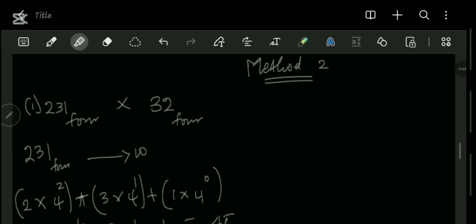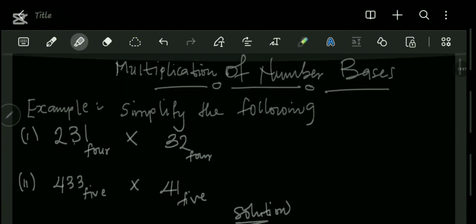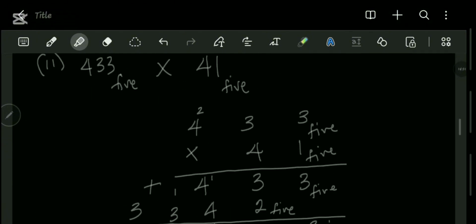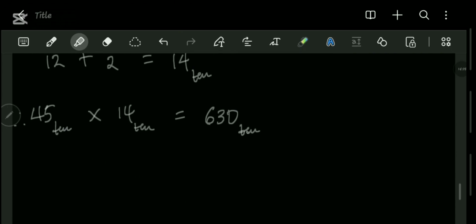But since we were given the question in base 4, you know the question is in base 4, right? So we are going to change our answer back to base 4. We converted to base 10 already, so we have to just divide it by 4, and of course there are going to be remainders.